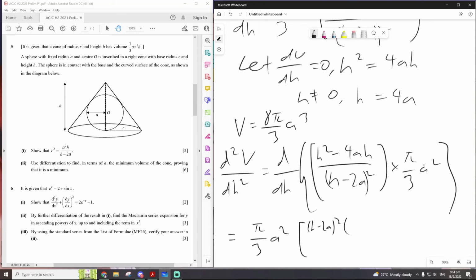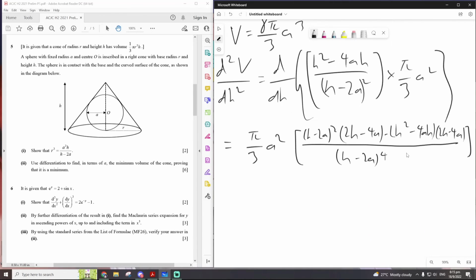This is 2h minus 4a, minus this. No, wait, actually h squared minus 4ah, yes. Then differentiate this, you get 2h minus 4a. Okay, divide this by h minus 2a to the 4th power.